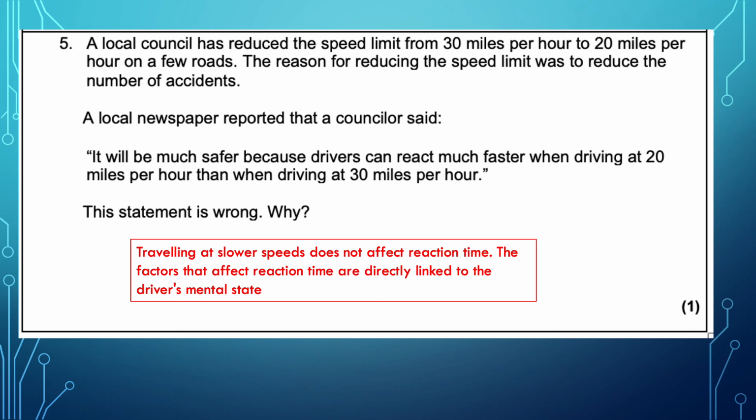Driving at slower speeds affects both thinking and braking distances, right? But your reaction time, whether you're driving at really fast speeds or really slow speeds, doesn't change. Your reaction time is constant. Okay? So that just means that no matter what speed you're traveling at, your reaction time doesn't change.